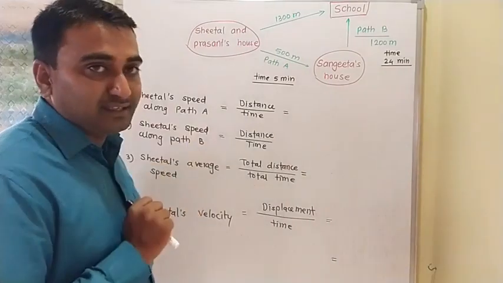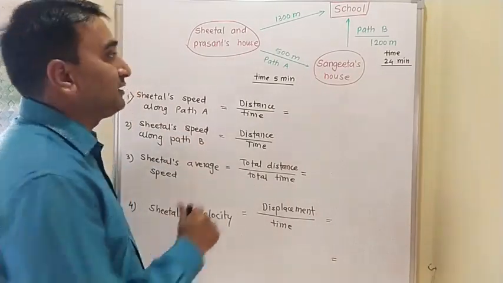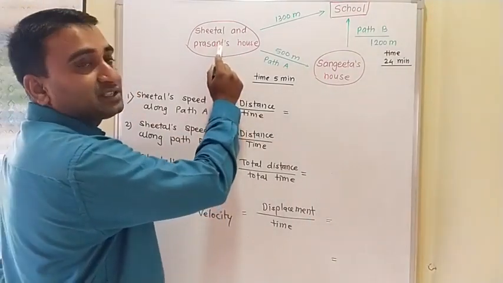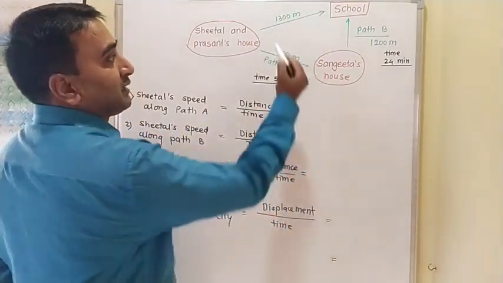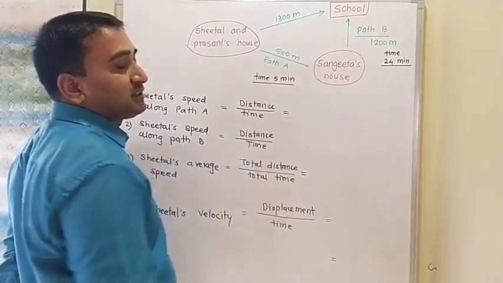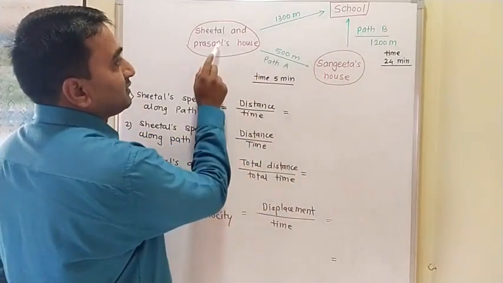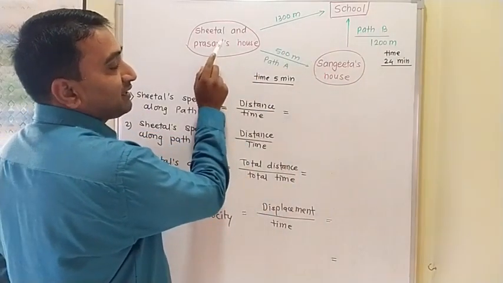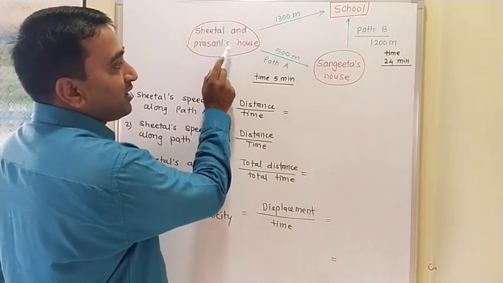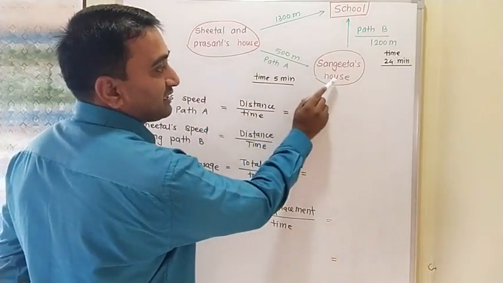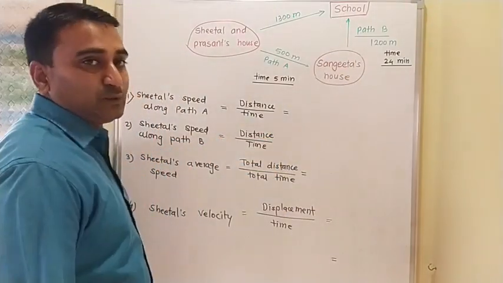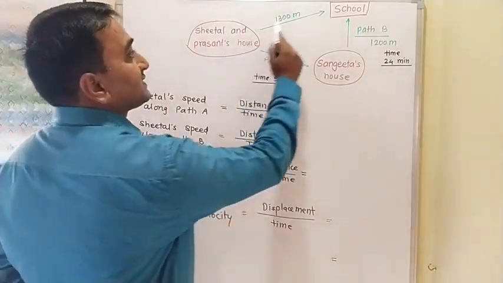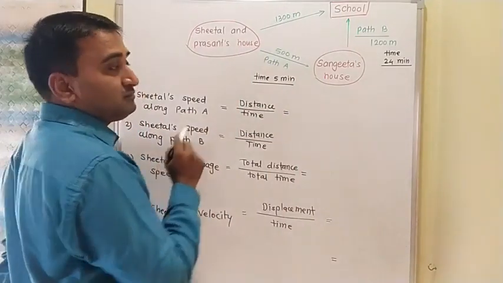Now two routes are there, or two incidences are there. Prashant is starting his journey from his house directly to the school. That means 1300 meters. But now see here, Sheetal starts her journey from her house to first Sangeeta's house and from Sangeeta's house to school. Then what is the distance covered by Sheetal?